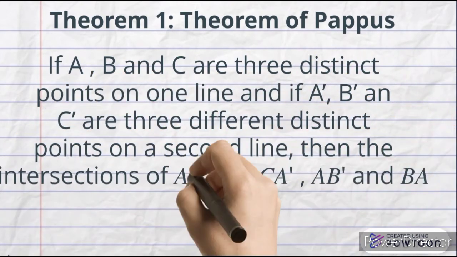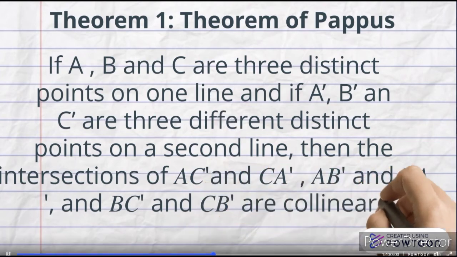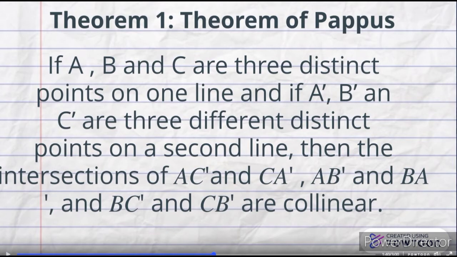If A, B, and C are 3 distinct points on one line, and if A', B', and C' are 3 distinct points on a second line, then the intersections of AC' and CA', AB' and BA', and BC' and CB' are collinear.